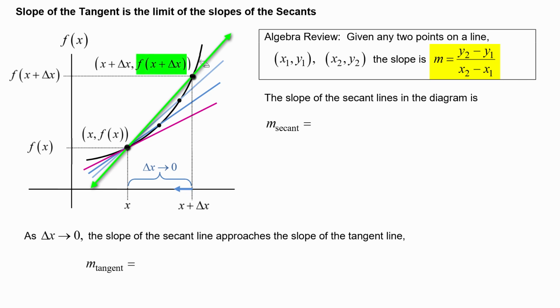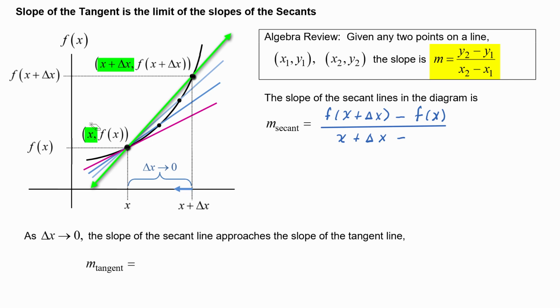Well, that's going to be f of x plus delta x minus the y value here, which is f of x, over x2 minus x1, which would be x plus delta x minus x.